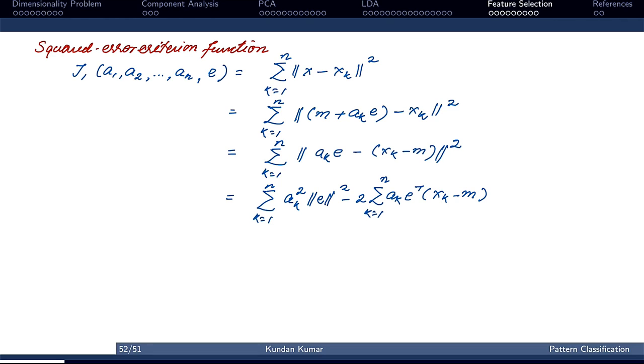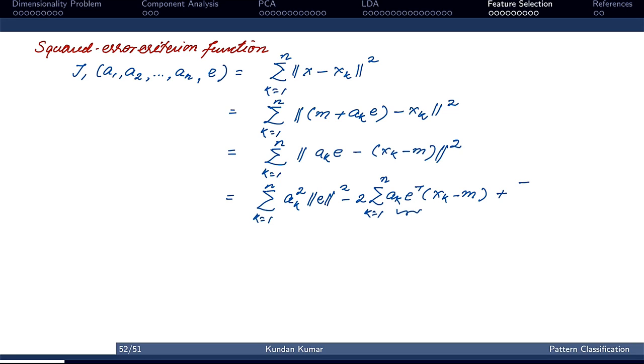One thing can be noticed here: we have written e transpose, because e is a column vector and we are making it a row vector, so that the computation of this term gives a scalar quantity. The cost is one scalar quantity. That is why it is e transpose into (xk minus m).